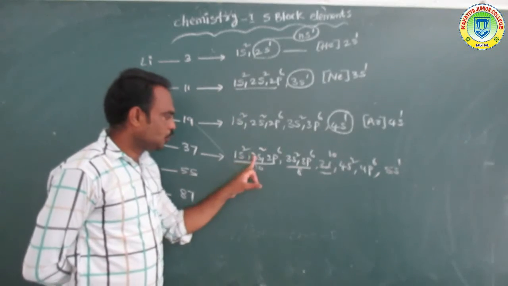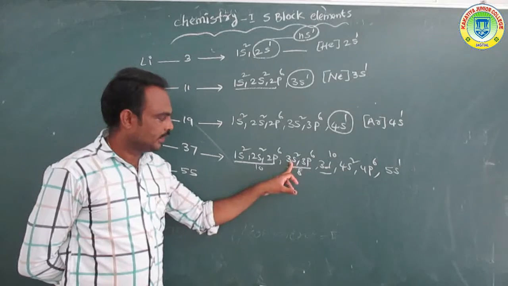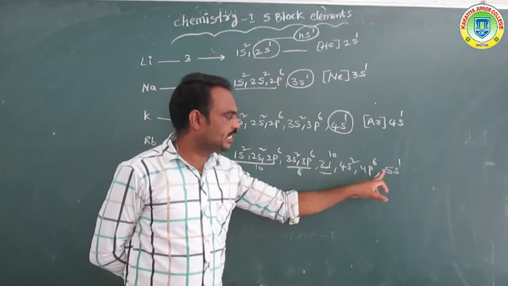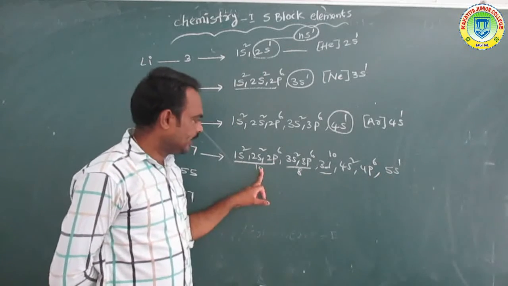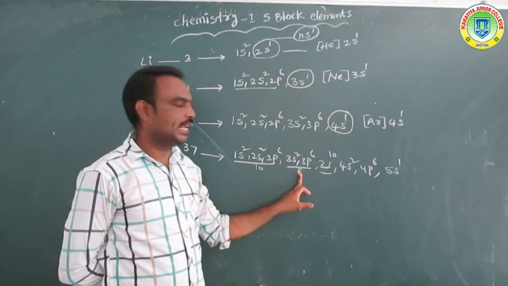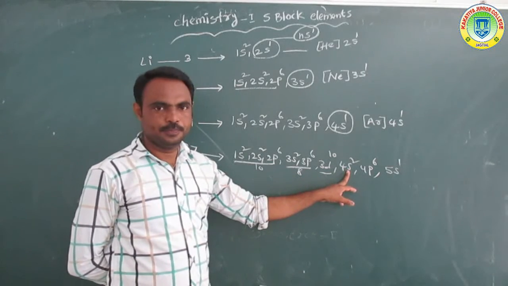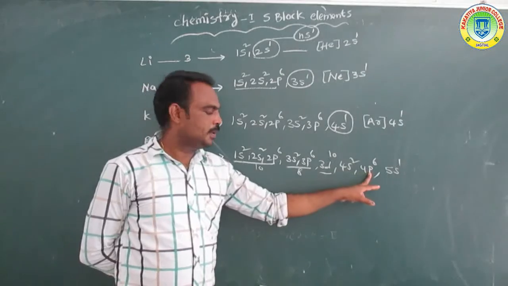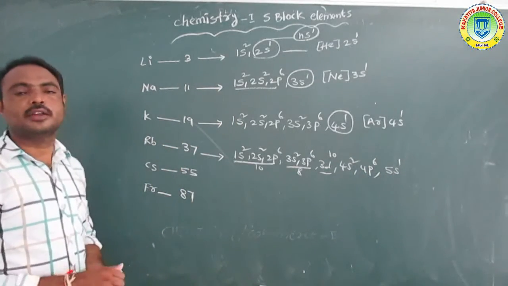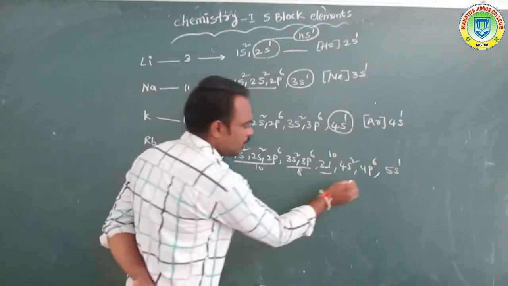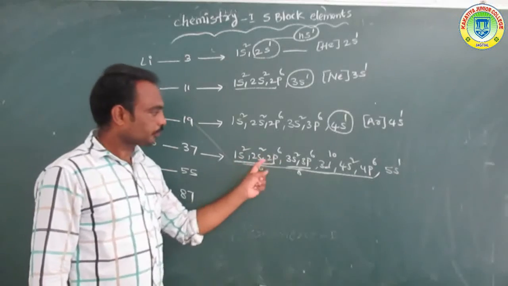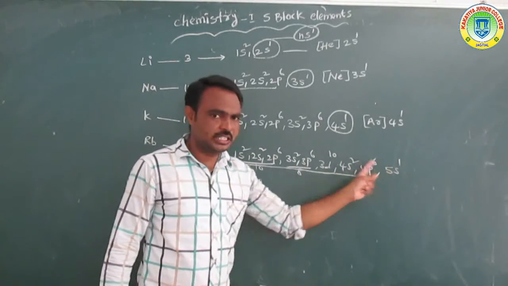Listen: 1s2 2s2 2p6 3s2 3p6 3d10 4s2 4p6 5s1. 28 plus 2 is 30, plus 6 is 36, plus 1 is 37.